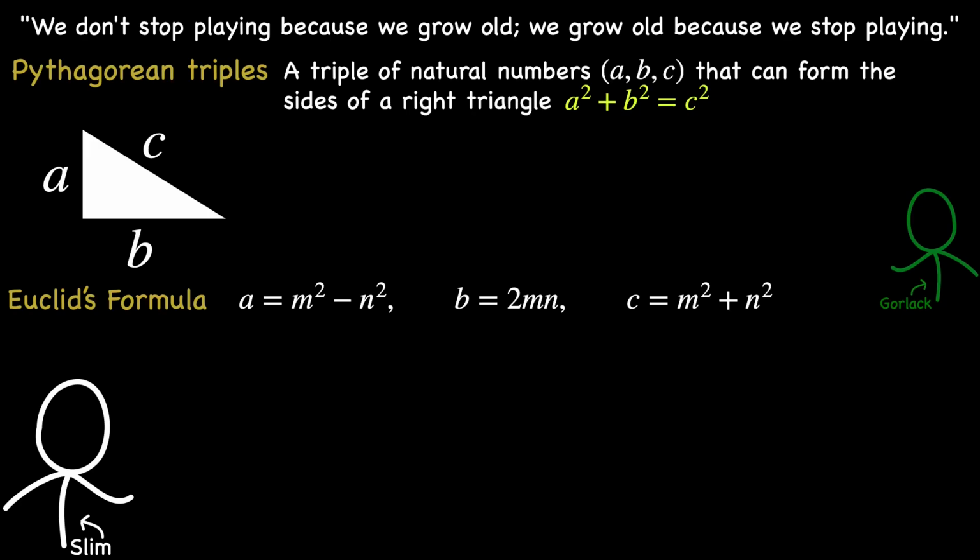To simplify the problem, we divide the Pythagorean equation by c squared and substitute a over c for x and b over c for y. These algebraic manipulations allow us to focus on finding a solution to x squared plus y squared equals 1, where x and y are rational numbers.